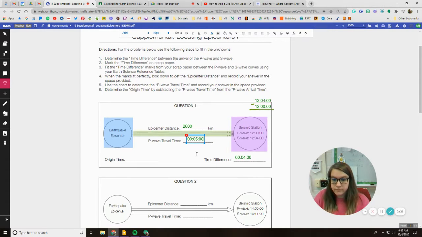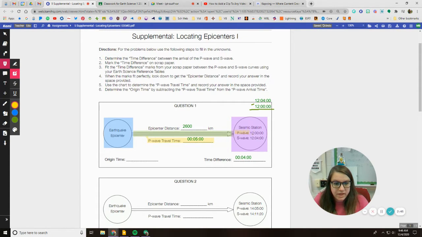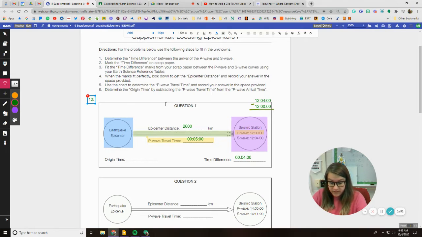Now how I figure out the origin time is I take the P wave travel time, which is 5 minutes, and the P wave arrival time, and I subtract the two. So you need to make sure you rewrite it over here that the P wave showed up at 12 o'clock.